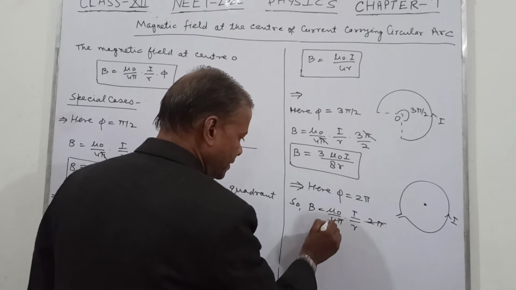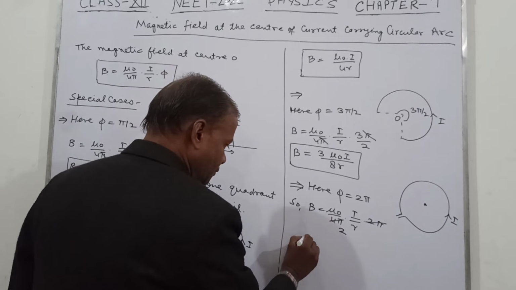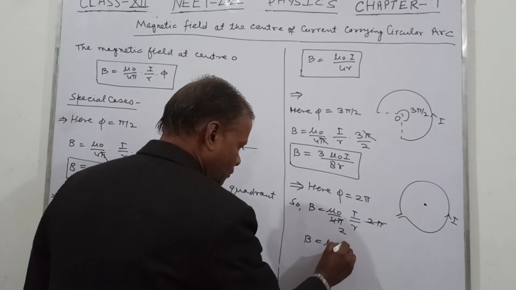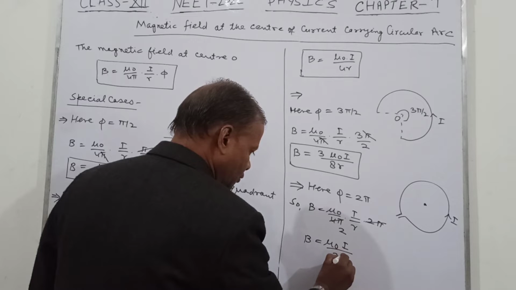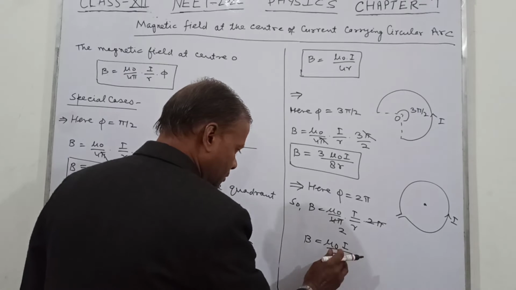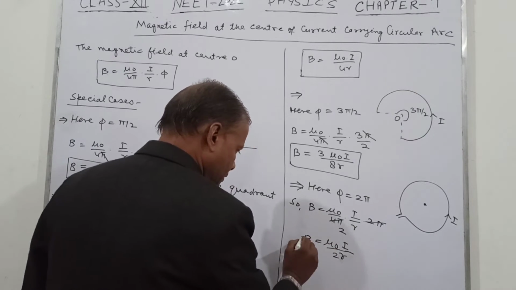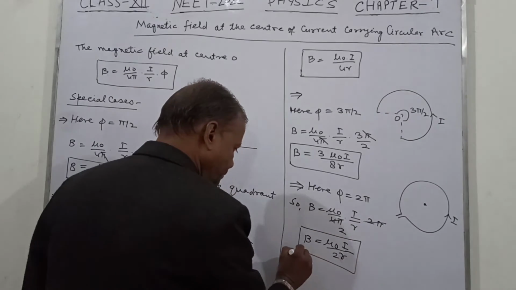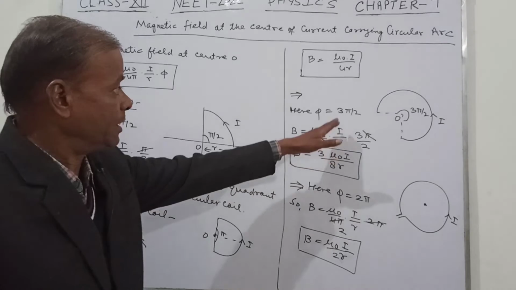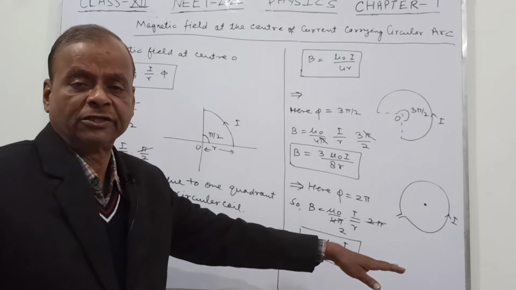So this 2 pi will be cancelled by this one. So B equal to mu naught I upon 2R. So this is what the magnetic field is, because they were circular arc.